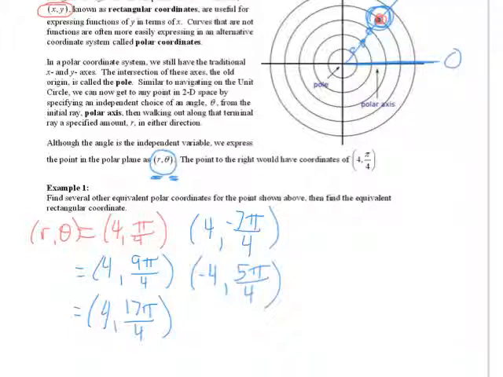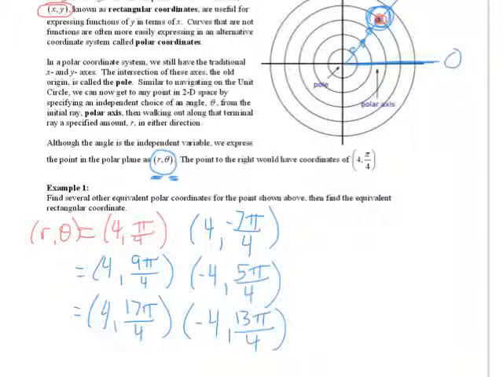Along a similar vein, we could also have (4, 13pi/4). I guess that's 1 circle later. Counting that out, we have 1, 2, 3, 4, 5, 6, 7, 8, 9, 10, 11, 12, 13 pi fourths. And then we're going to back up 4 units. There we go.